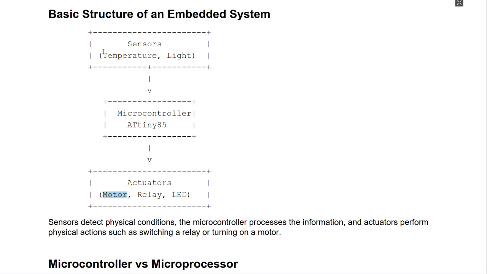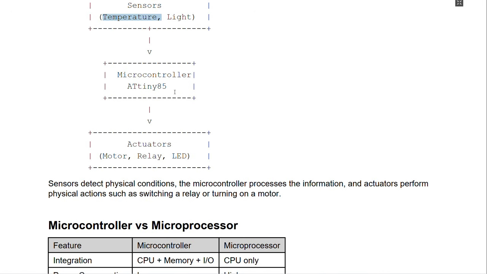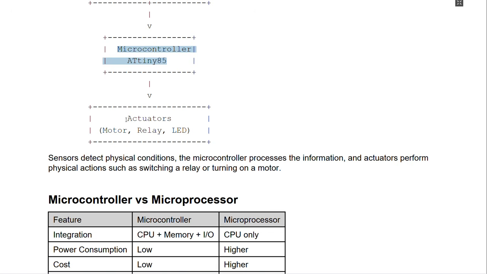Let's say if the temperature value exceeds a certain threshold, let's say room temperature, 25 degrees Celsius, right? The moment the temperature sensor gives the microcontroller information that the temperature in the room is exceeding 25 degrees Celsius, we can instruct, mark the word instruct, the microcontroller to give specific actions.